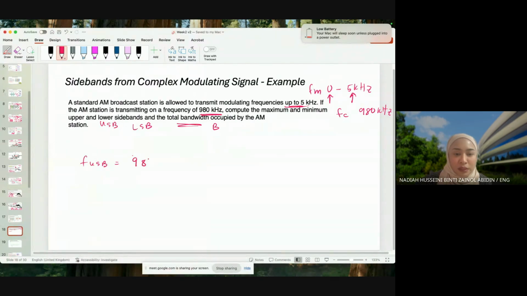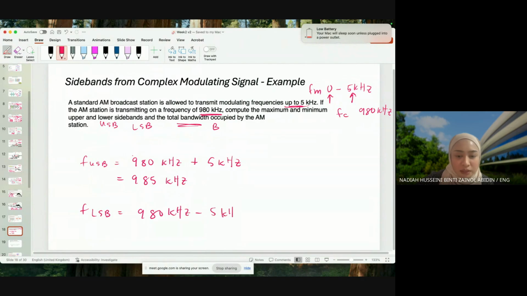It's going to be 980 kilohertz plus 5 kilohertz, which is 985 kilohertz. And then your FLSB is 980 kilohertz minus 5 kilohertz, which gives 975 kilohertz.